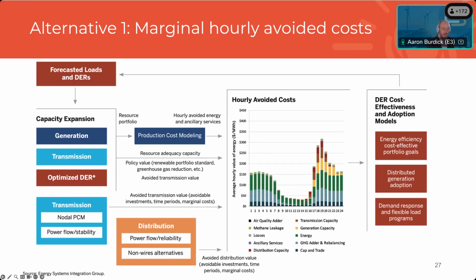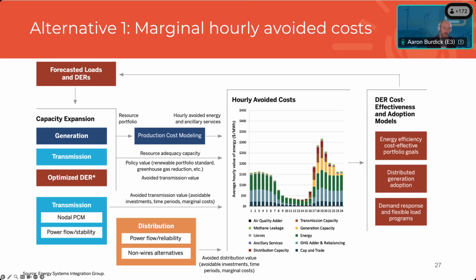So you start with a load forecast and a baseline DER forecast that then informs a bulk grid co-optimization of generation and transmission. You can include some additional optimized DERs within that if you want. And out of that process comes a portfolio that can be used to develop marginal hourly avoided costs.